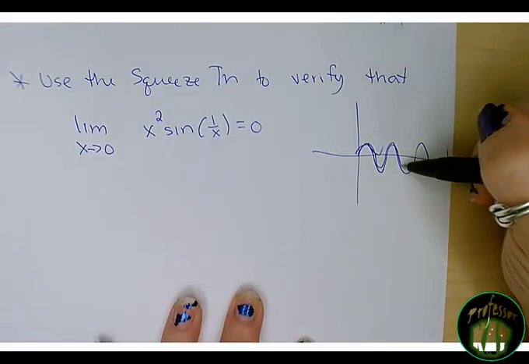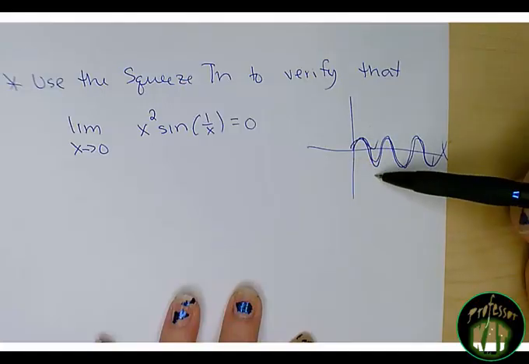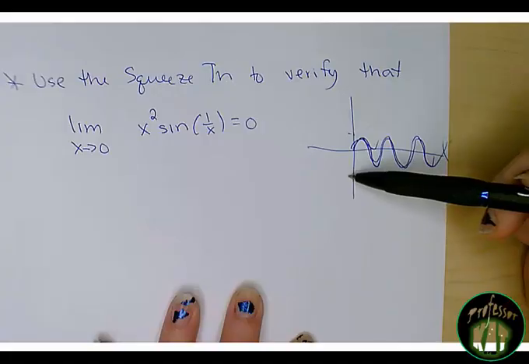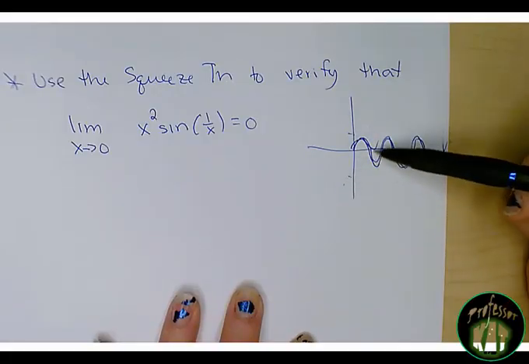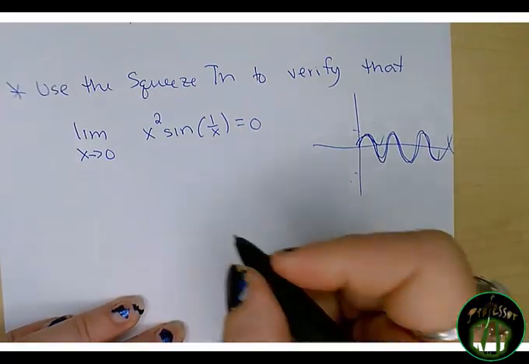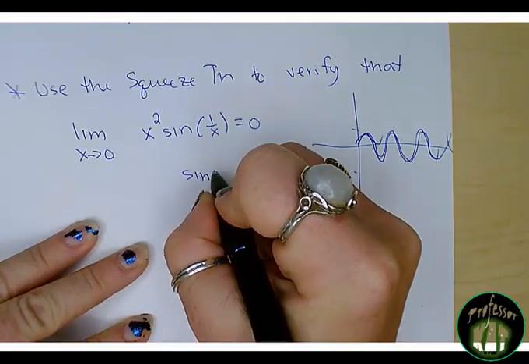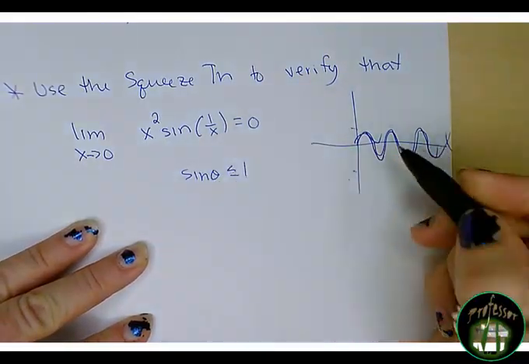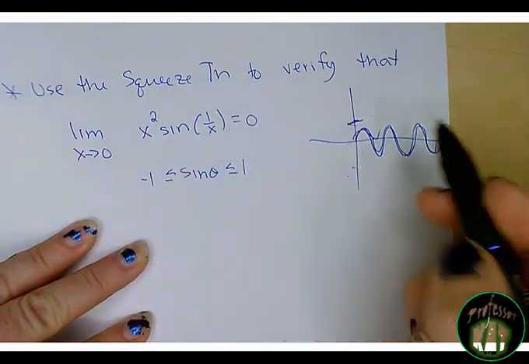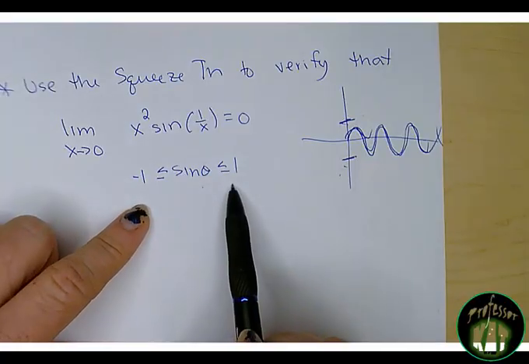This is a really horrible sine graph, but we know that the sine function looks like a sound wave, and it goes up and down, +1, -1, all day long, back and forth. So we could claim that sine theta is less than or equal to +1, but greater than or equal to -1.